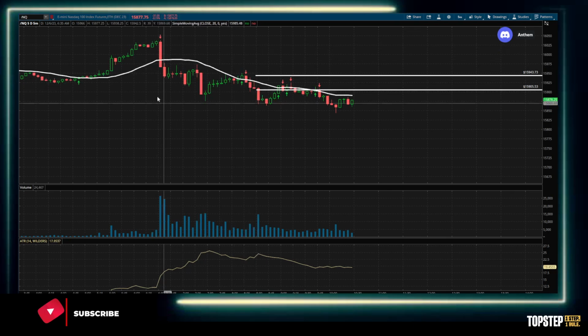So if you would have taken these two setups, a potential 70-point winner here on a one-to-one risk to reward and a potential 20-point winner here is 90 points taken out of the market in a matter of a couple of hours worth of trading, right?